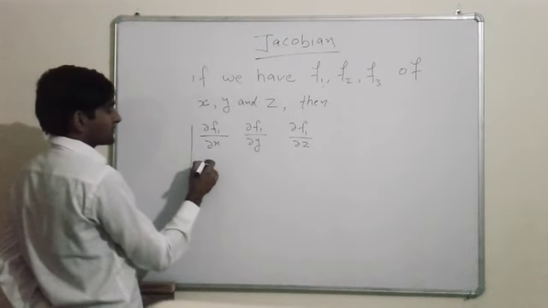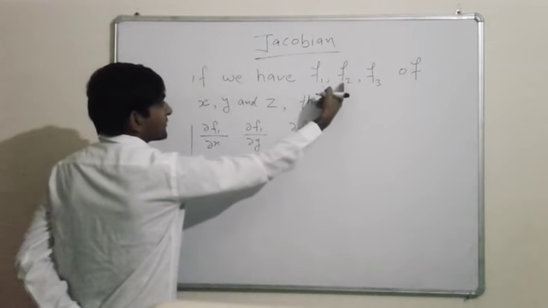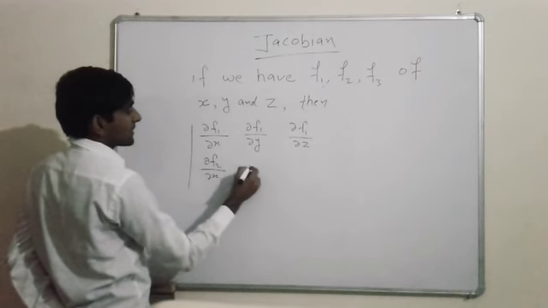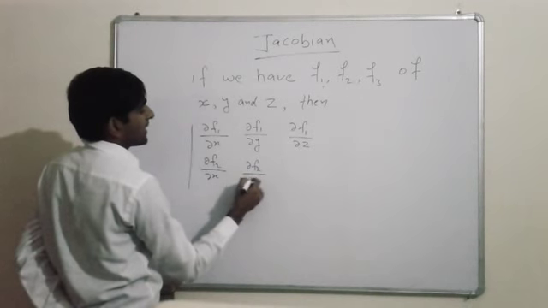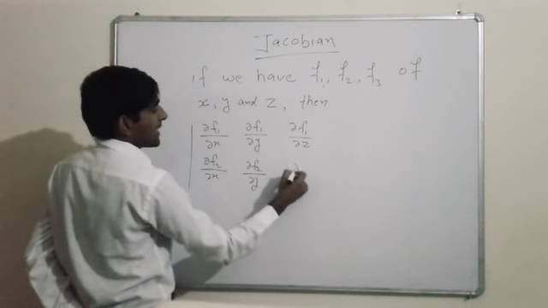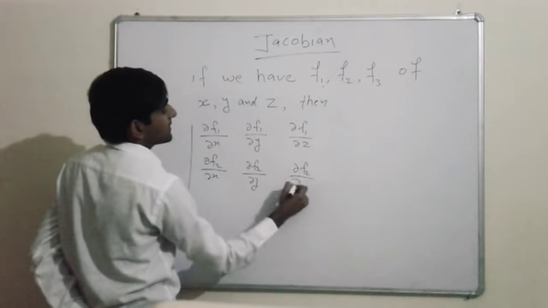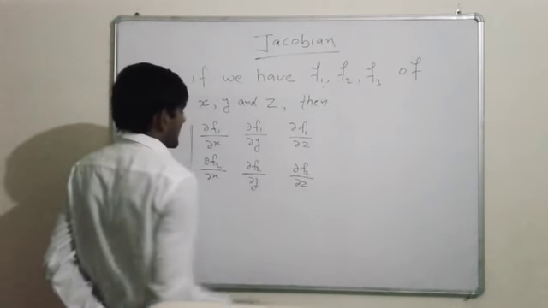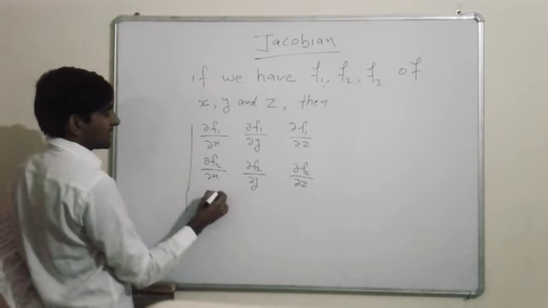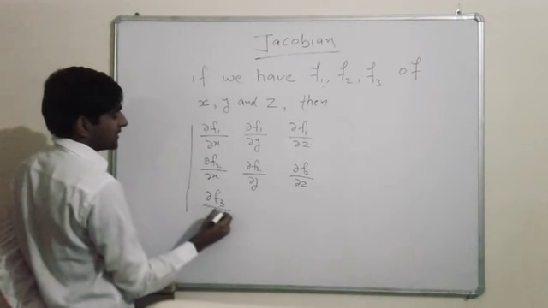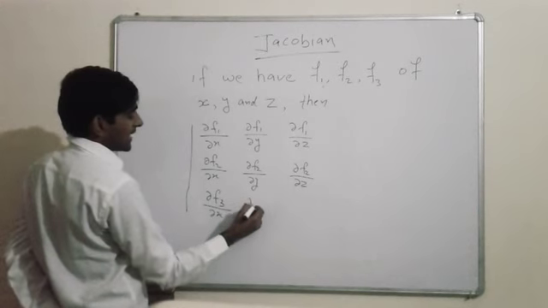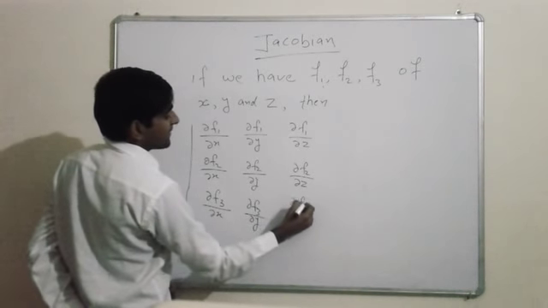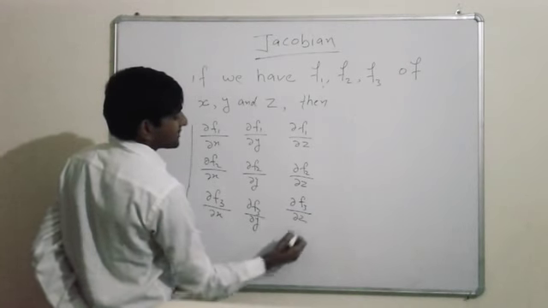And here the second function is f2: del f2 by del x, del f2 by del y and del f2 by del z. And the third function is f3. We write del f3 by del x, del f3 by del y and del f3 by del z.